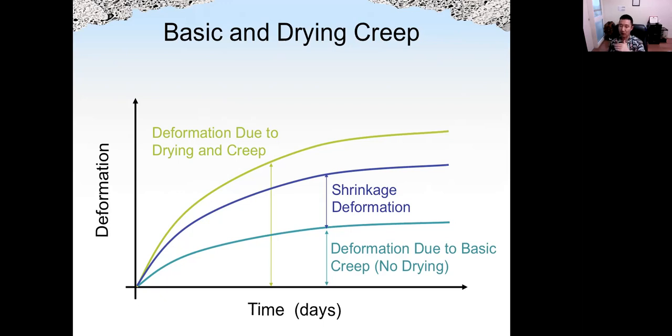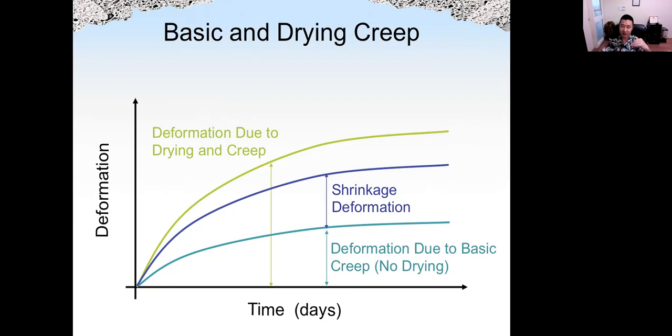When the concrete is under shrinkage, remember shrinkage will cause shrinkage stress. So we have some internal stress, and that part of stress will cause concrete to creep. That part we call drying creep.